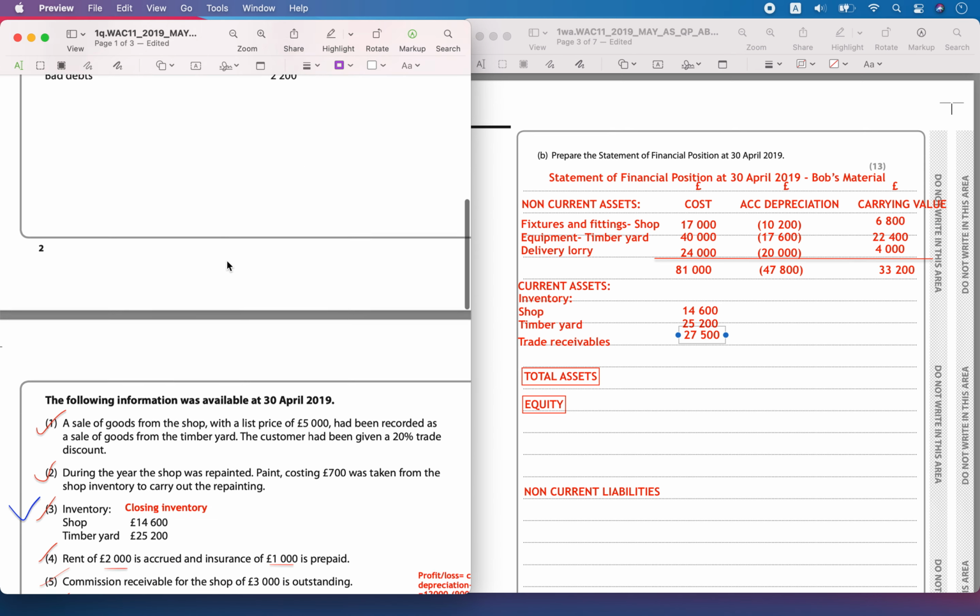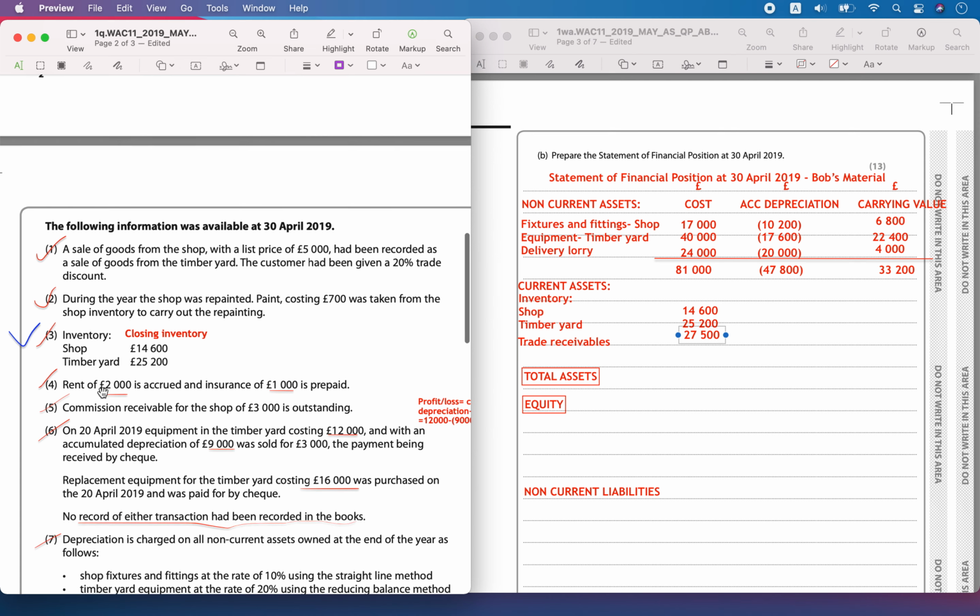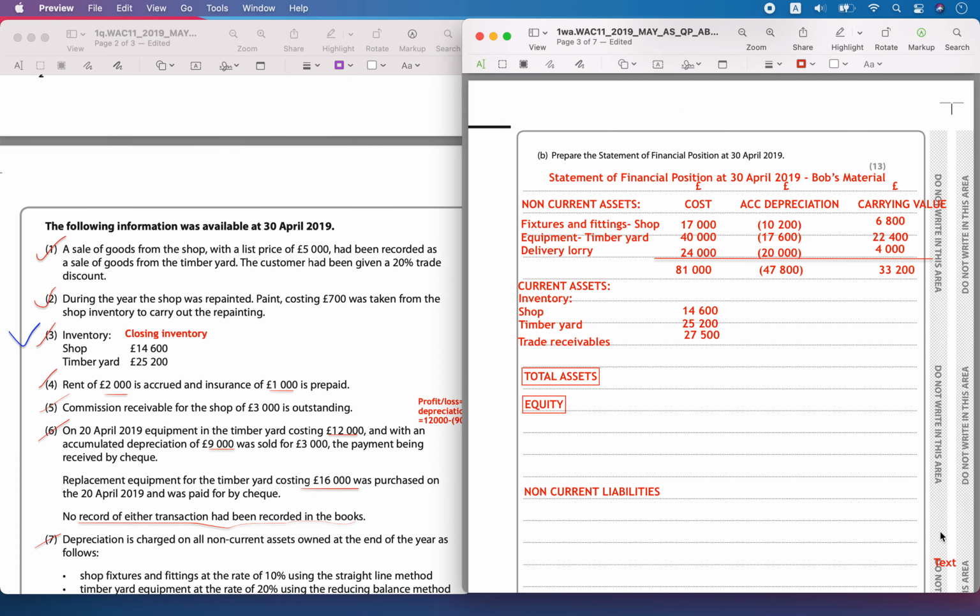What are the other receivables? Here we have an expense, rent prepaid.